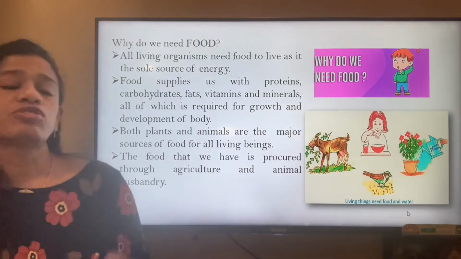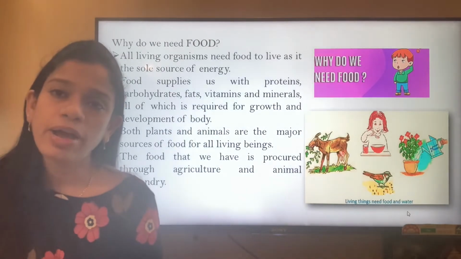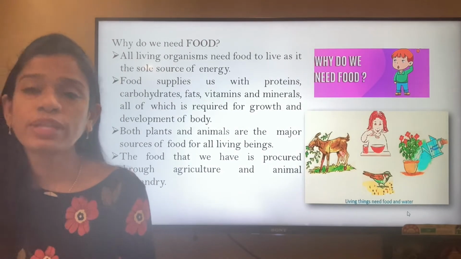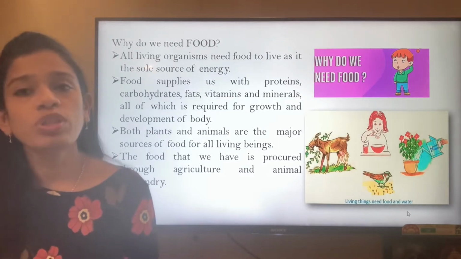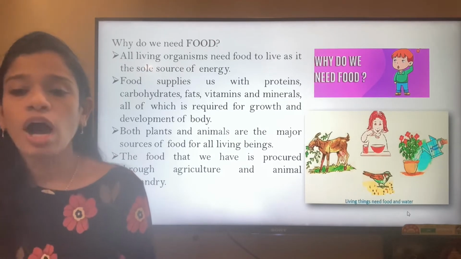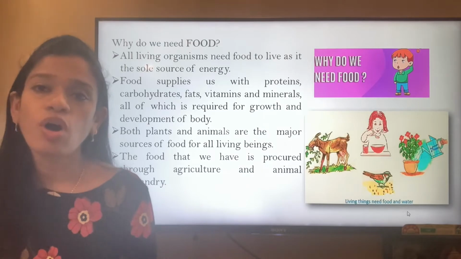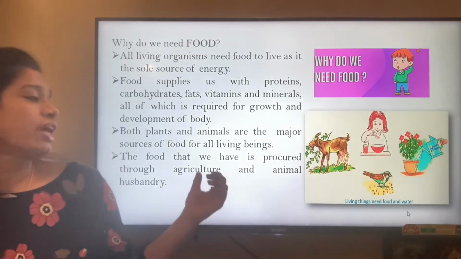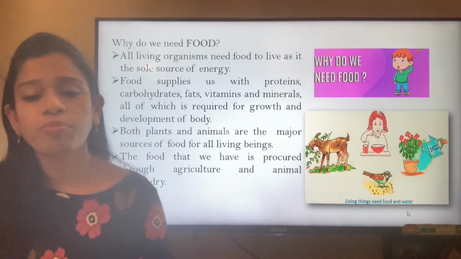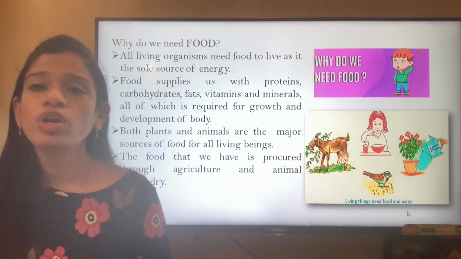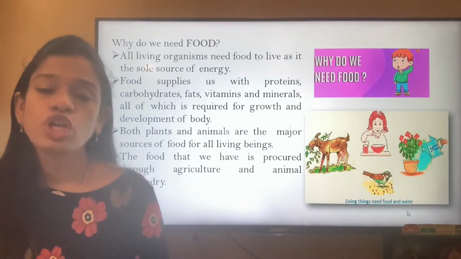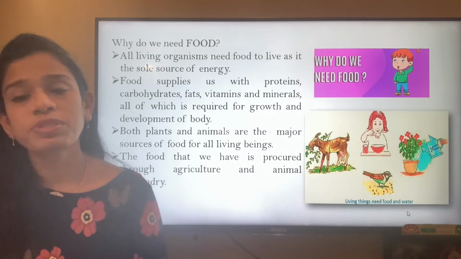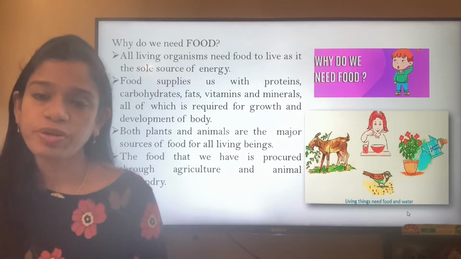Food supplies us with proteins, vitamins, carbohydrates, fats and minerals, which are very much required for the growth and development of the body. Both plants and animals are major sources of food for human beings, and the food that we have is procured either from the agricultural field or through animal husbandry. So we'll pay much stress towards agricultural crops as well as animal husbandry.